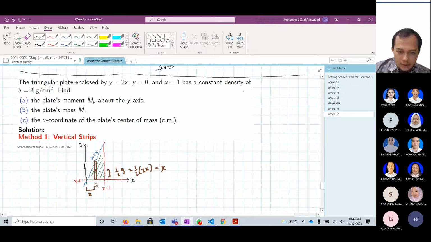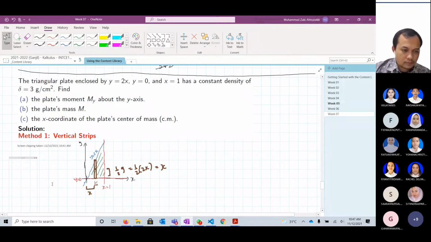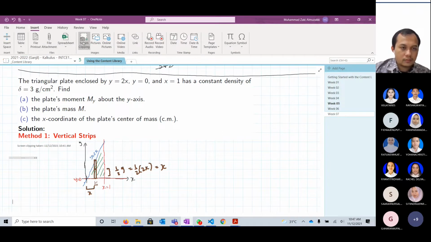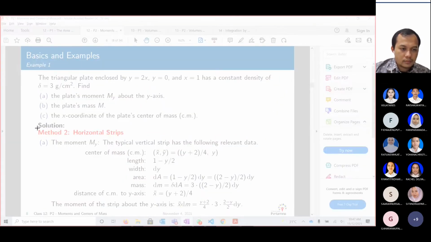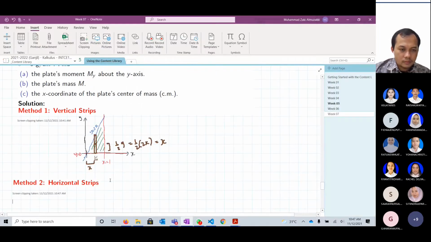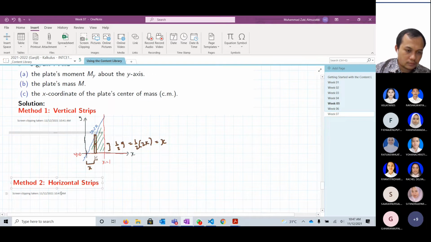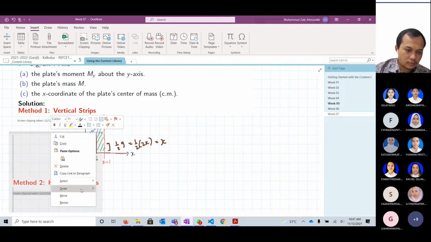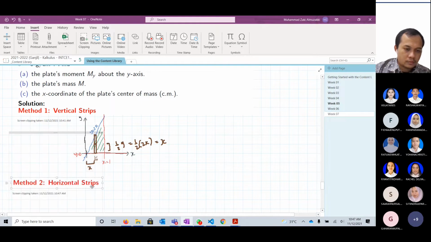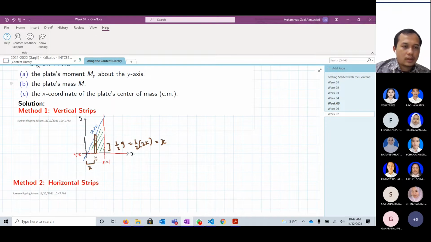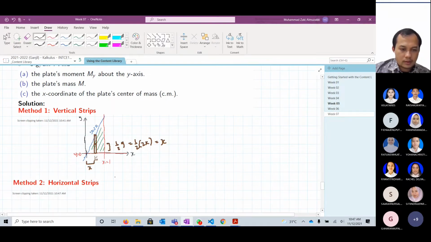Now, if we use horizontal strips, the picture becomes like this.